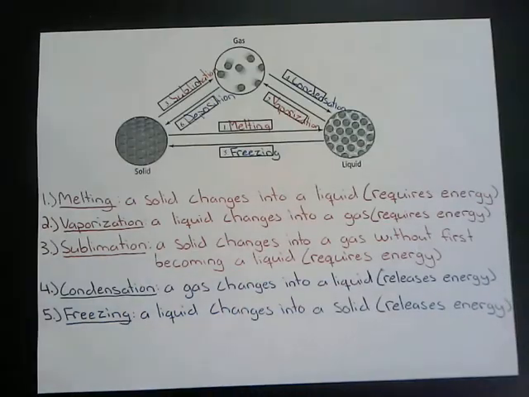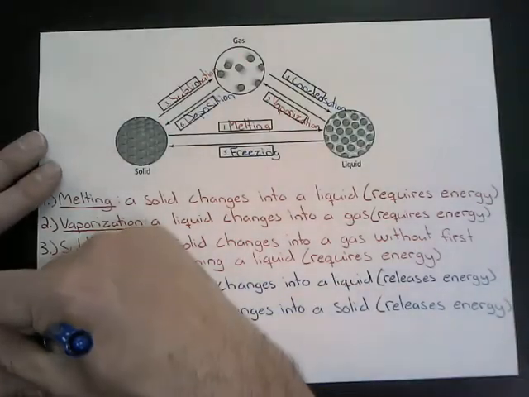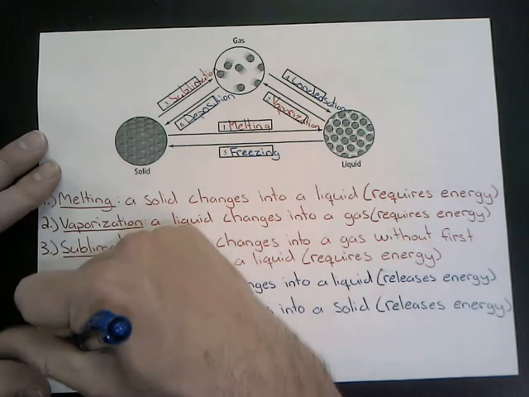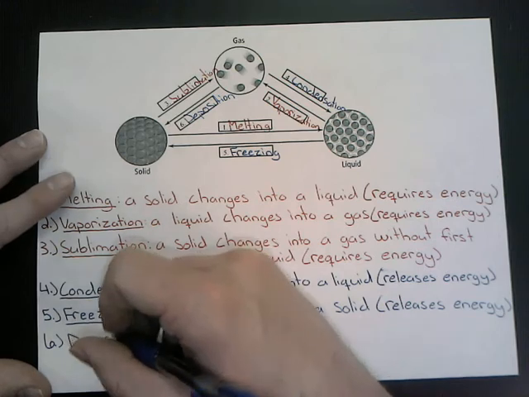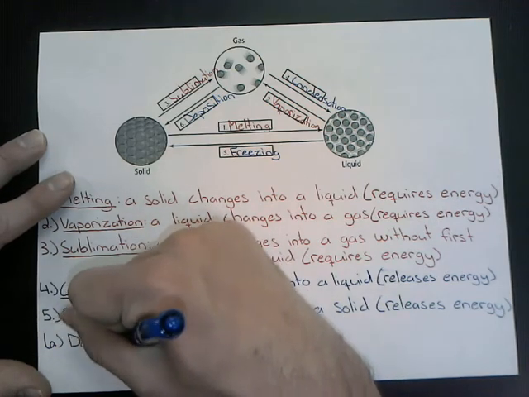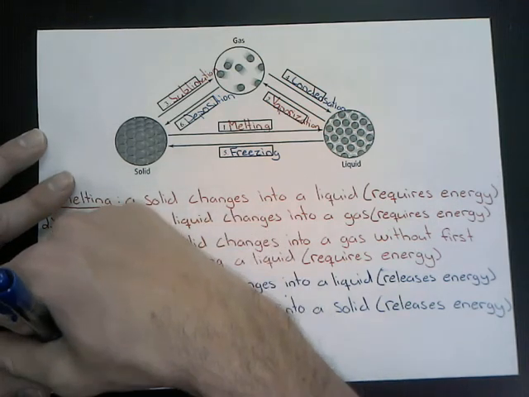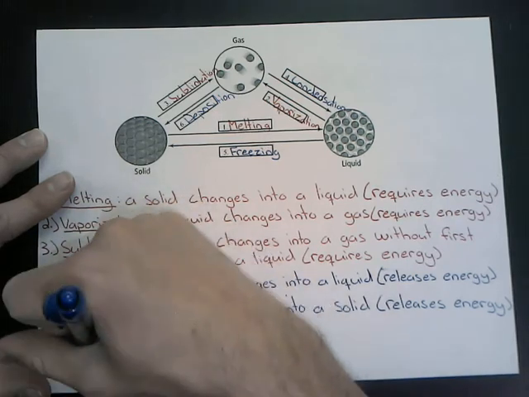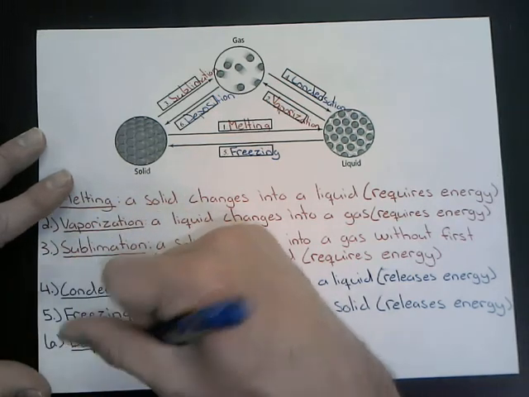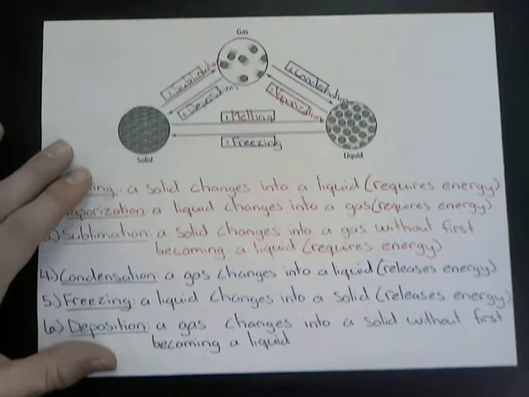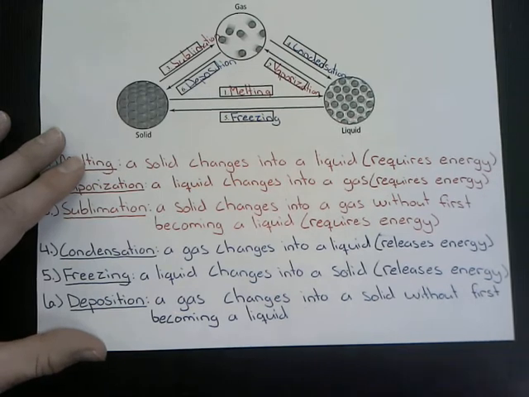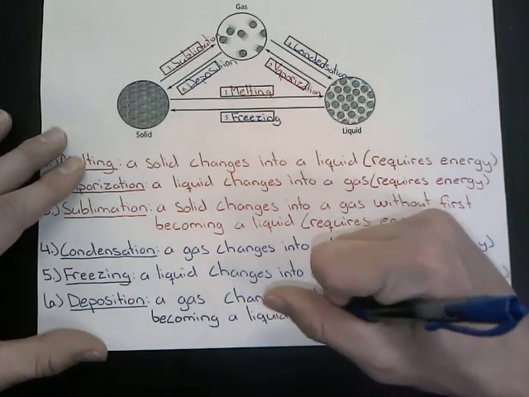So what I'm going to do here is write down number 6 and put deposition. Deposition is when a gas changes into a solid without first becoming a liquid. This process of deposition also releases energy.